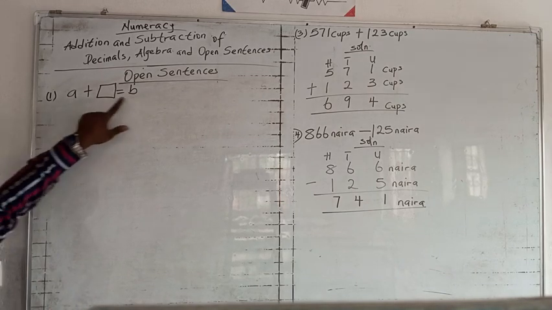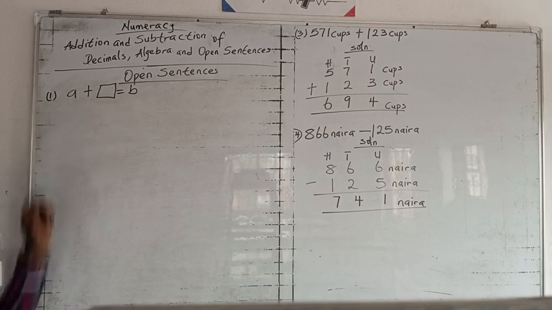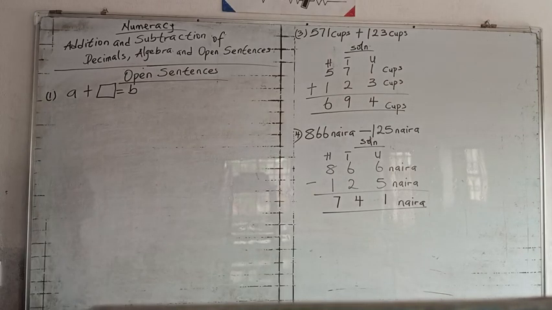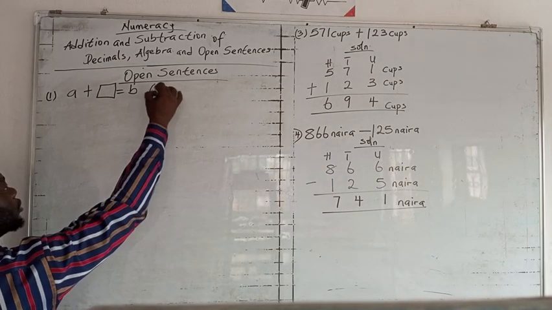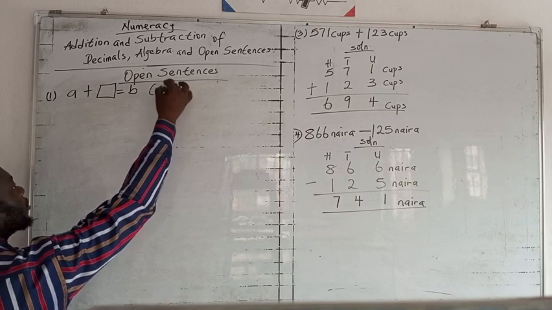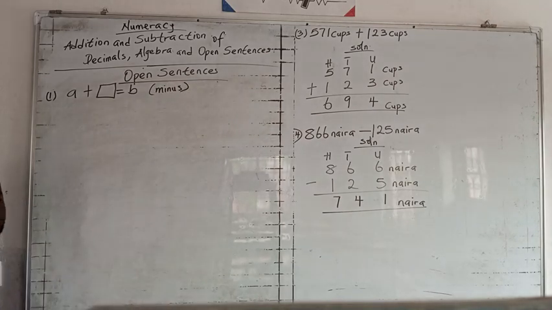What you simply do is minus. You use the big number to minus the small number. So whenever the missing number is here and plus is here, we subtract.